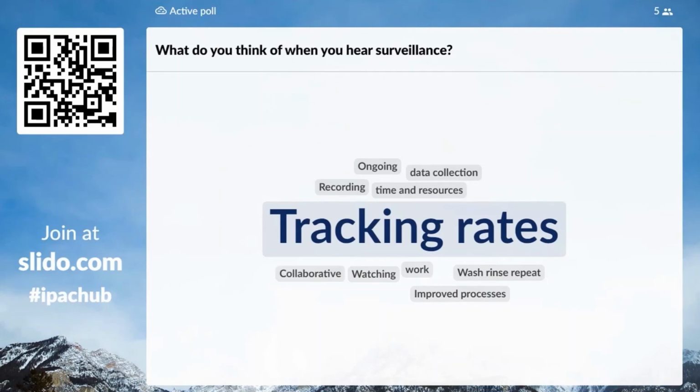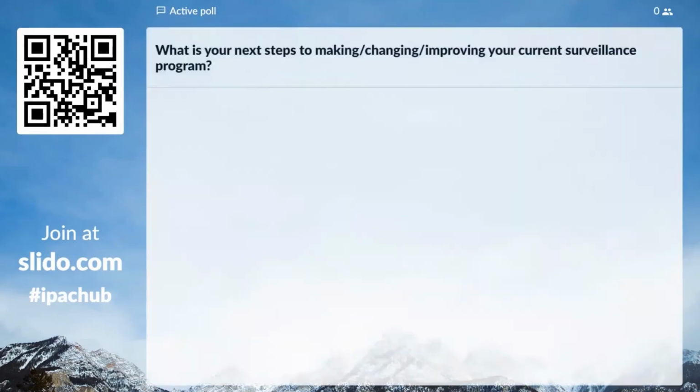And then for the next and final Slido question, it's going to be, what are the next steps to changing or improving your current surveillance program? So just think about what your home's next steps will be.